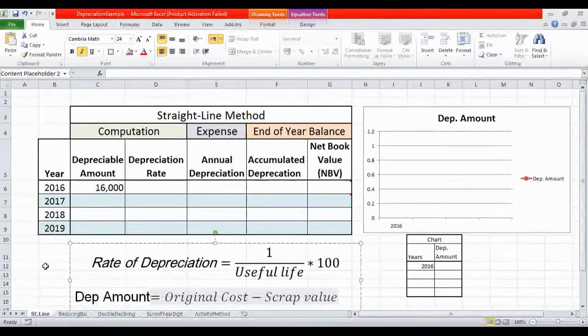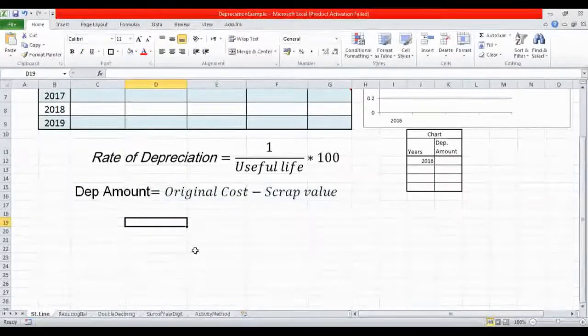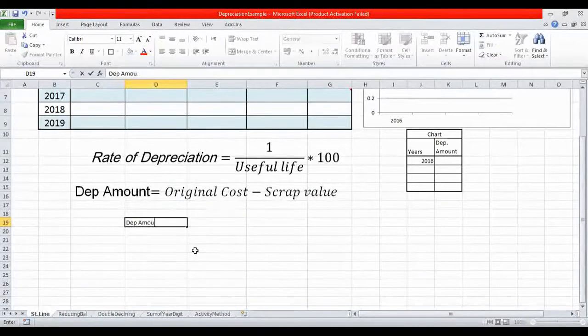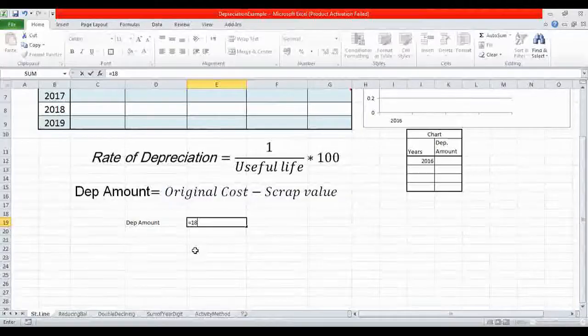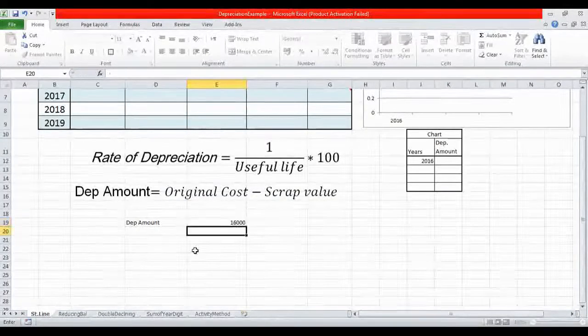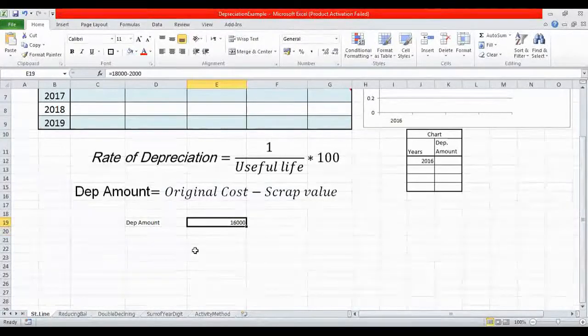The cost is 18,000, so 18,000 minus 2,000. So 16,000 is our depreciable amount.